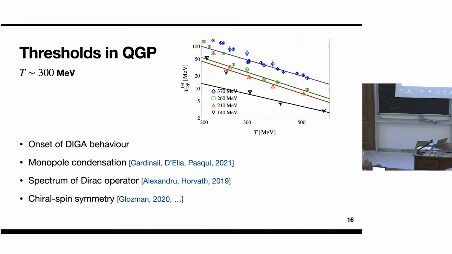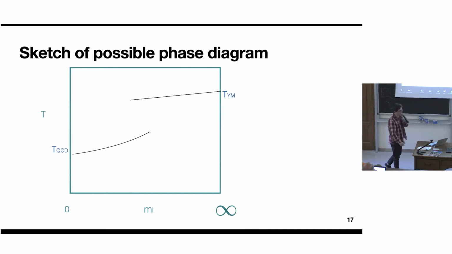There are also works by other groups which observe thresholds in QGP around 300 MeV, based on monopole condensation, the Dirac spectrum, and some symmetry between correlators. So I would like to say here that probably there is something interesting behind this 300 MeV, but we do not yet fully know what is exactly going on behind it.